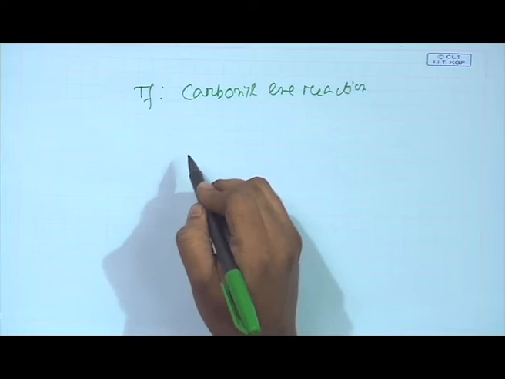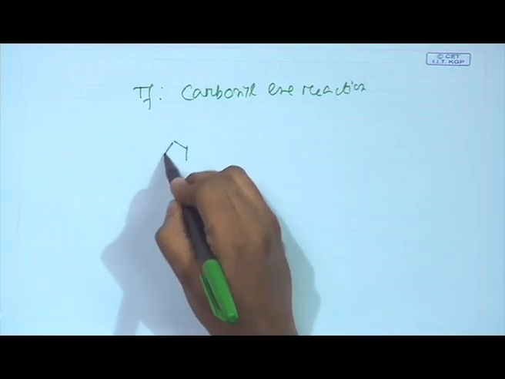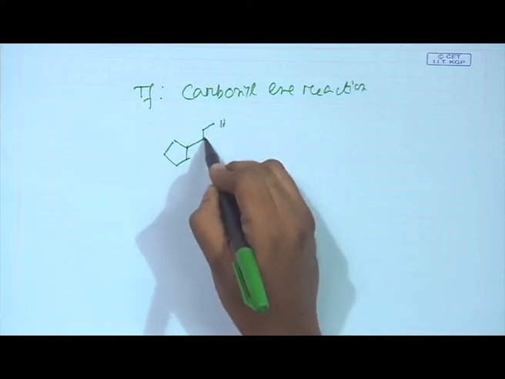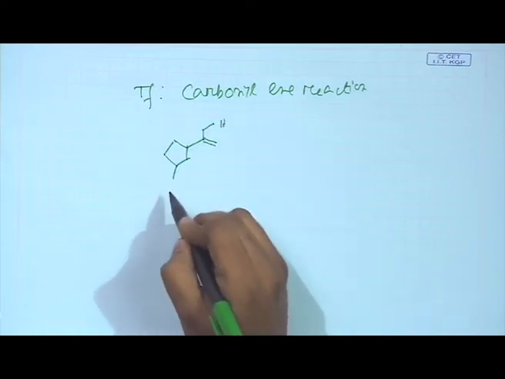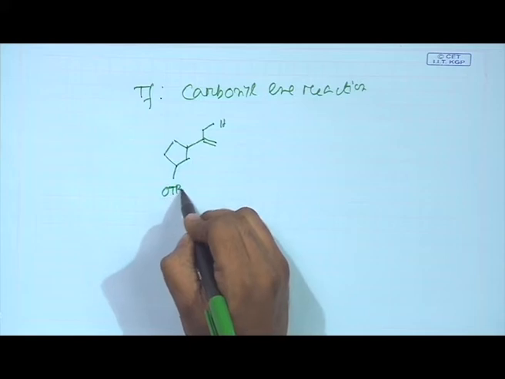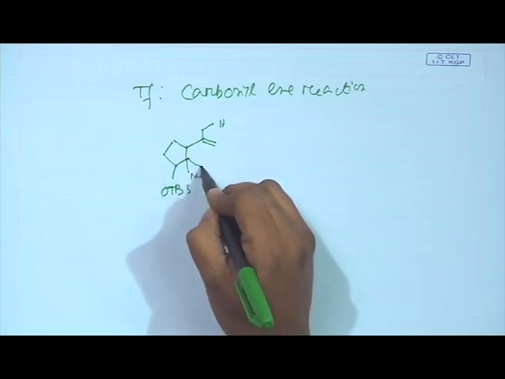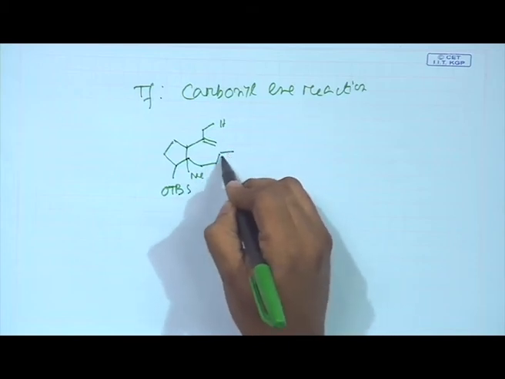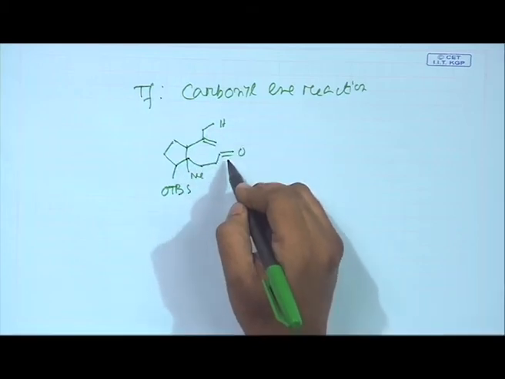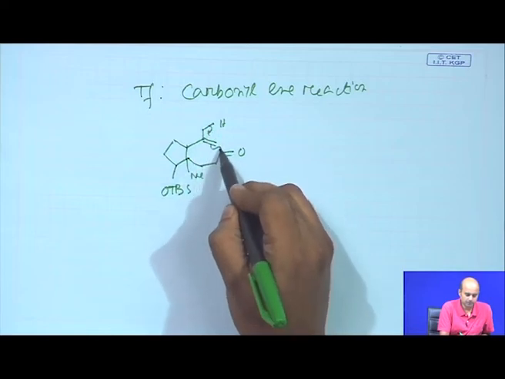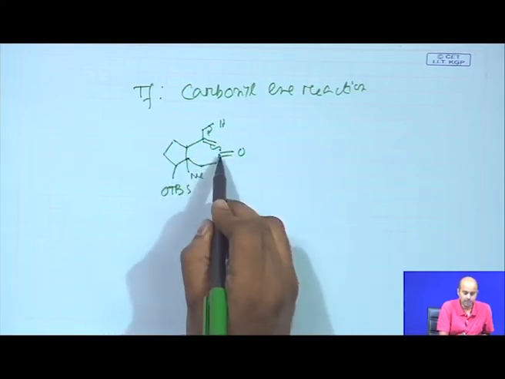Carbonyl ene reaction, as we explained earlier, is basically a hydrogen shifting from one end of the molecule to another end when you have an enophile. So, this is ene, this is enophile, and then this basically undergoes these things to give you the seven-membered ring.